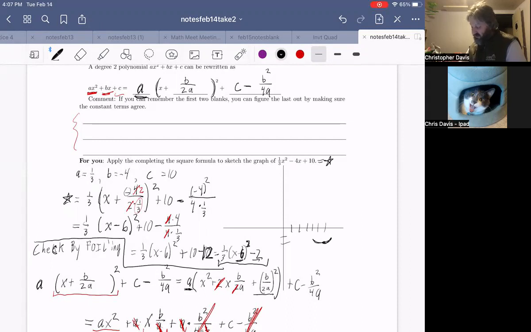It sure looks like, according to this, the y-intercept should be up here at 10. There'll be some x-intercepts, but we aren't really asked for them. There's the graph. Groovy.